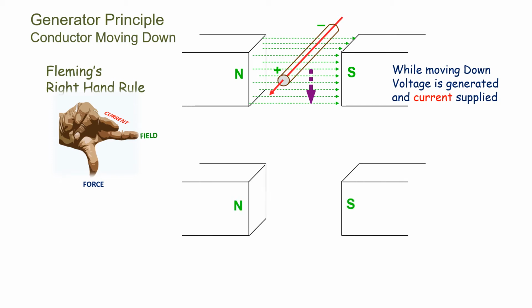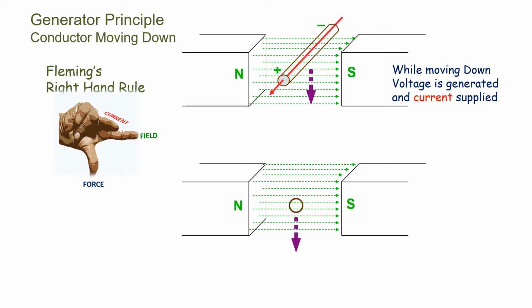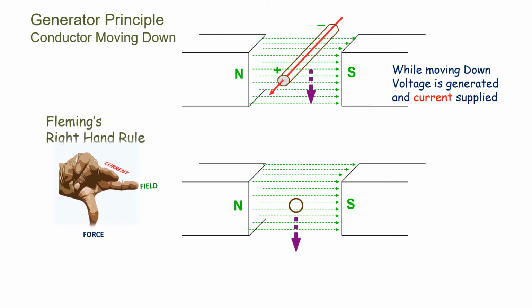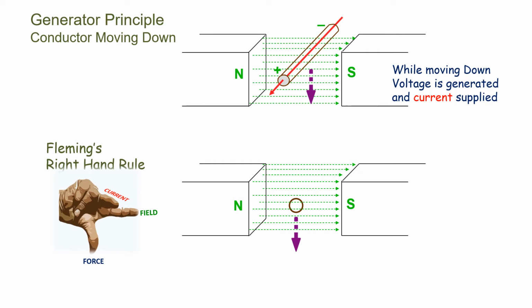Let us understand the same concept by means of another figure. We have the field towards right side. Conductor's cross section is shown now, kept in the magnetic field. Move it downwards. Apply again the right hand rule. For this movement, thumb is shown downward in the force direction, the first finger in the field direction towards right.